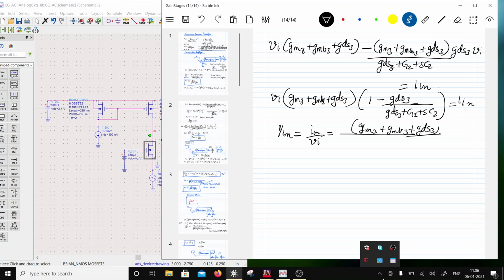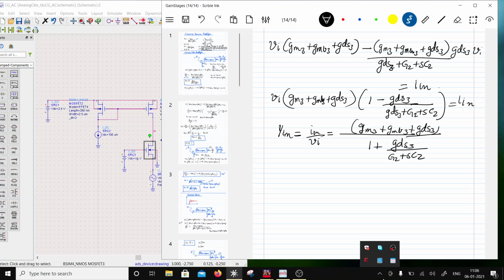So you will have GDS3 divided by G2 plus SC2 divided by that, right? So this will become 1 and this will be that. So this term would simplify to 1 plus GDS3 divided by G2 plus SC2.